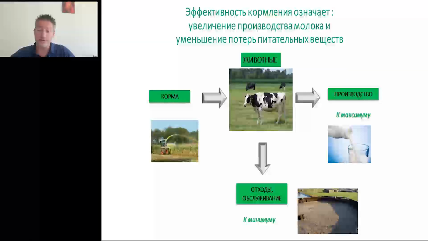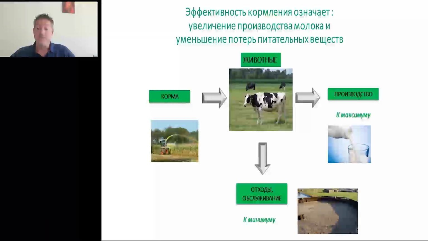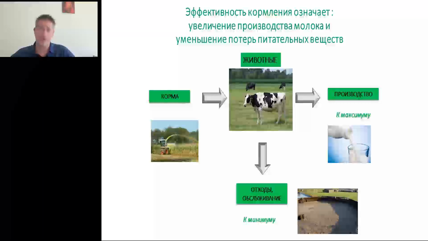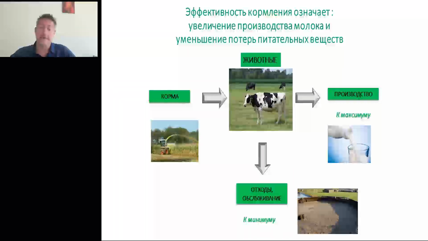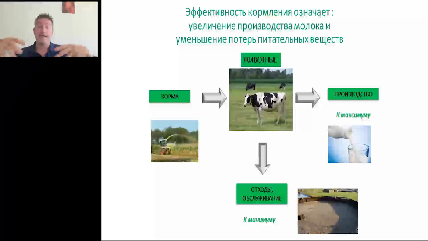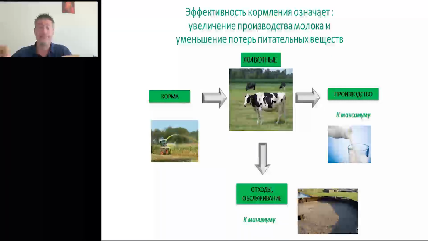Most of the protein ingested is used for cow maintenance and also wasted with urine and feces. And our aim is to minimize the nitrogen lost and maximize the quantity of nitrogen that ends up in the milk production.